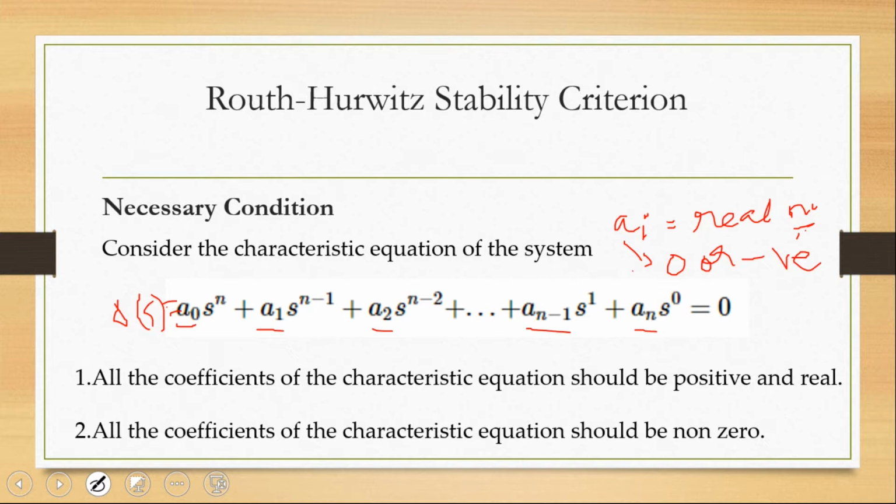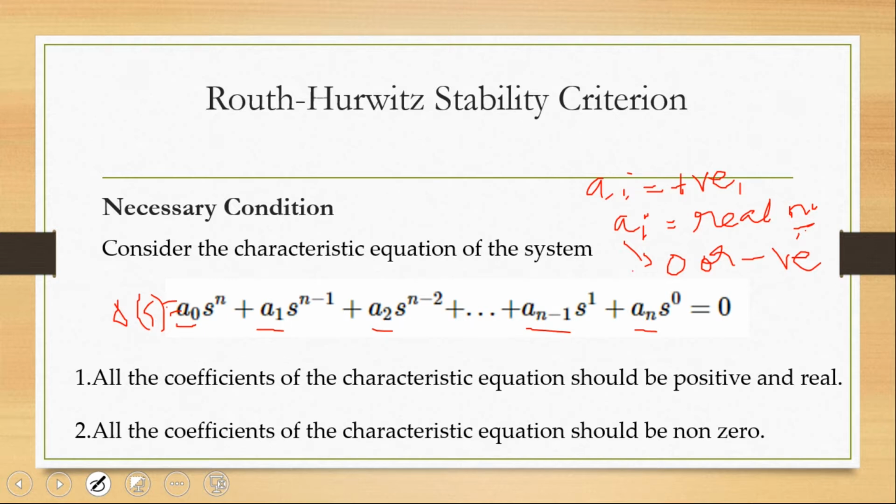If all the coefficients are positive, then the possibility of stability of the system exists, and then you have to examine the sufficient conditions of stability.